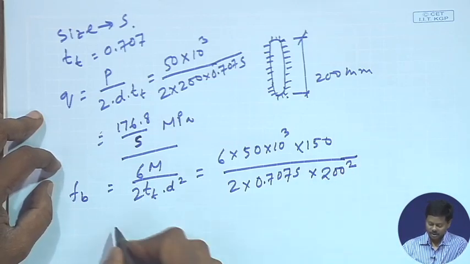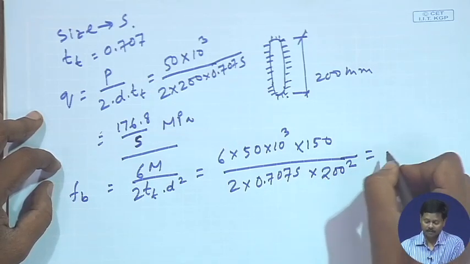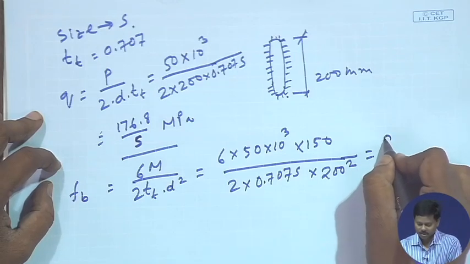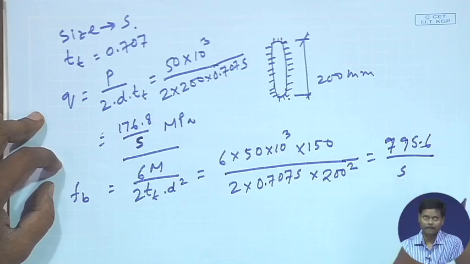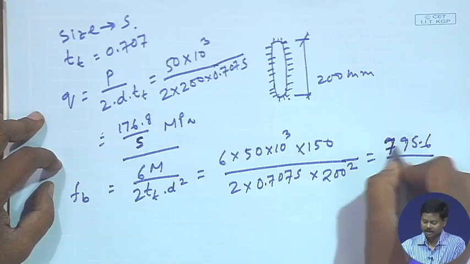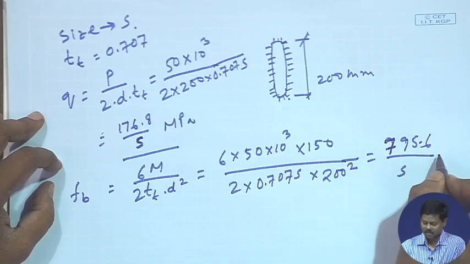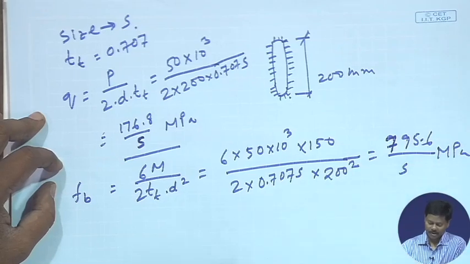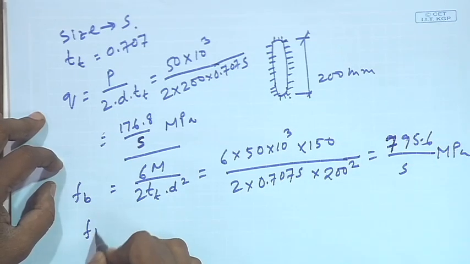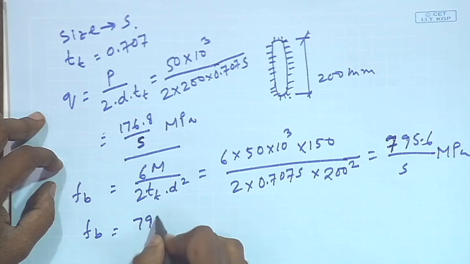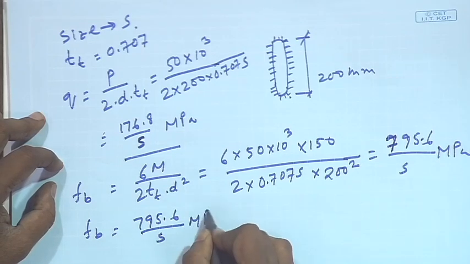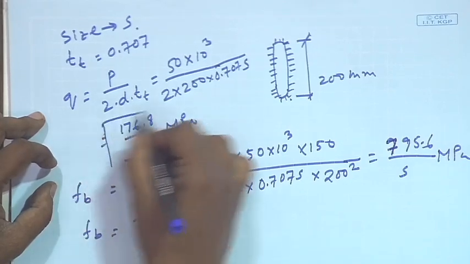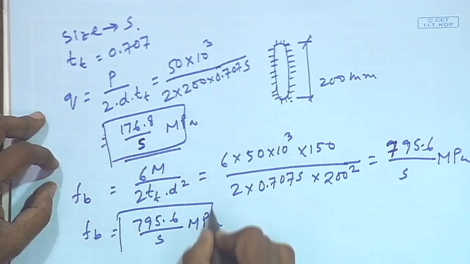So, after calculation of this we can find out the value as 795.6 by S MPa, right. So, FB also we could find out as 795.6 by S MPa. So, Q is found, FB is found.